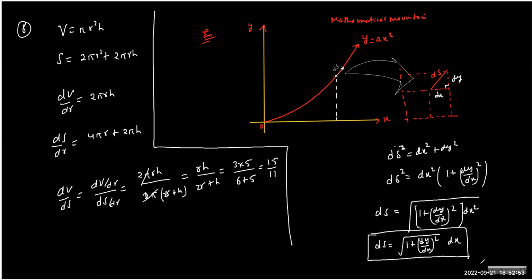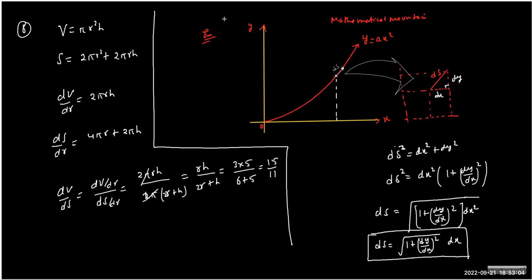So now knowing this formula will give you something really important. Just write it. So what we're getting is ds equals square root of 1 plus the first derivative square, into dx.